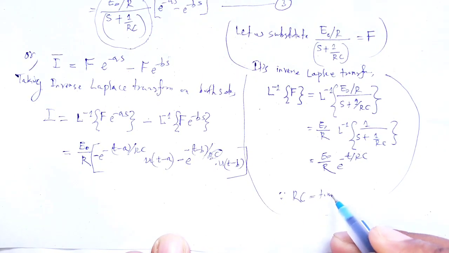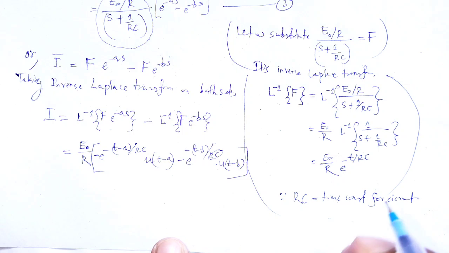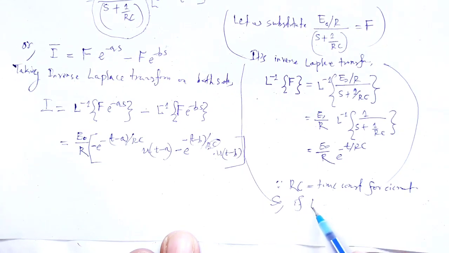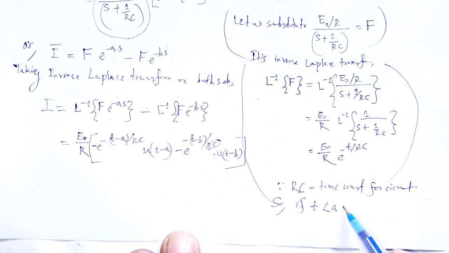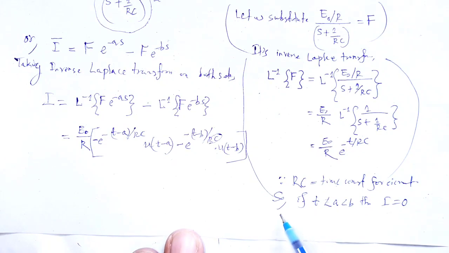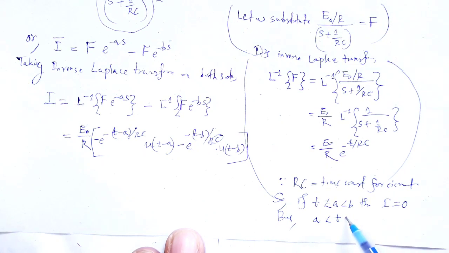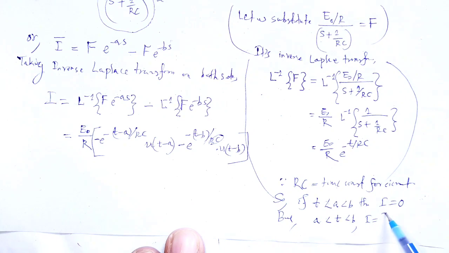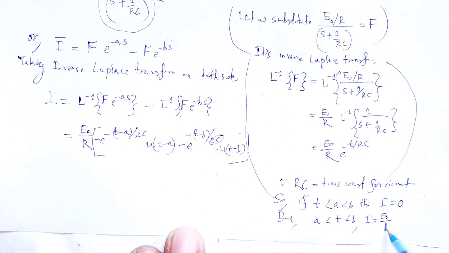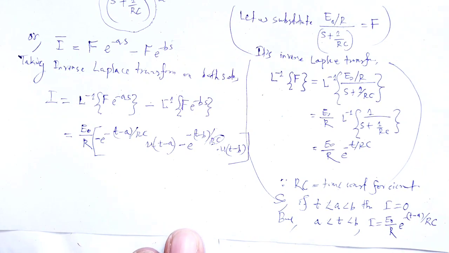So the same concept is used: if t is less than a, then the current I is equal to 0 in the circuit, but if t is greater than a, then I is equal to E naught divided by R, e to the power minus (t minus a) divided by RC.